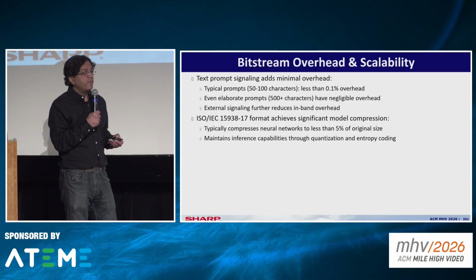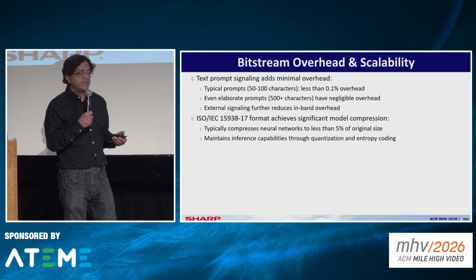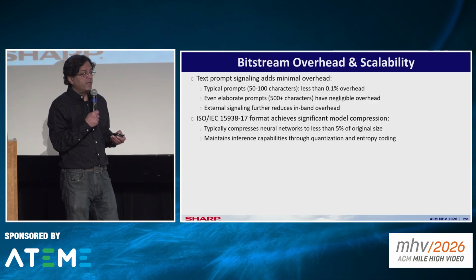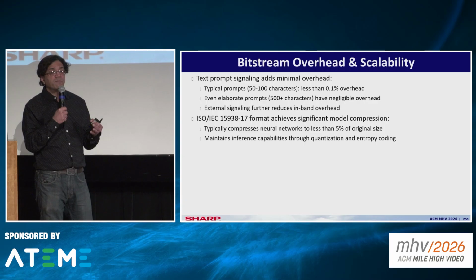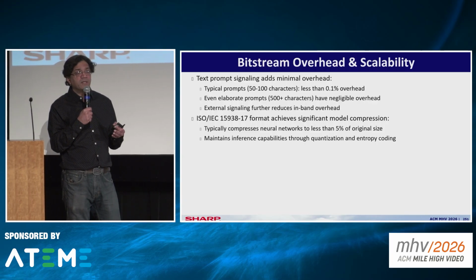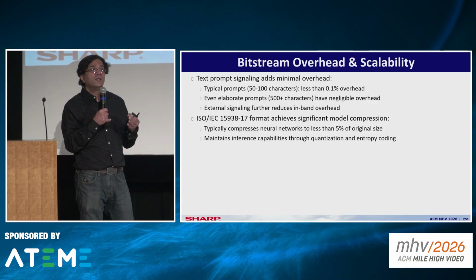So the bitstream overhead of text prompt obviously is very negligible, but additionally you typically can compress this. One of the issues is, remember when you signal this message, and for example, if you are signaling a neural network along with it, that's quite a bit of data. But typically, you would have one neural network signal for your entire video.